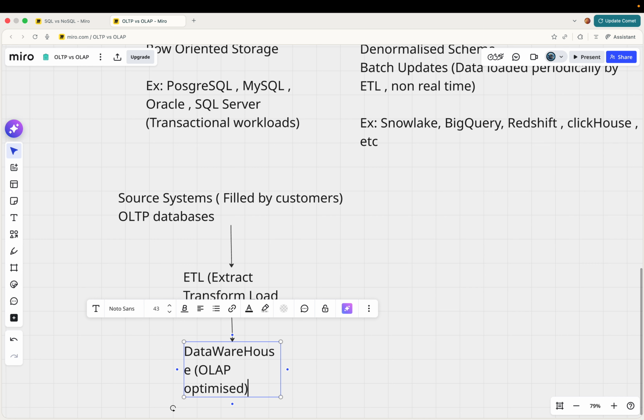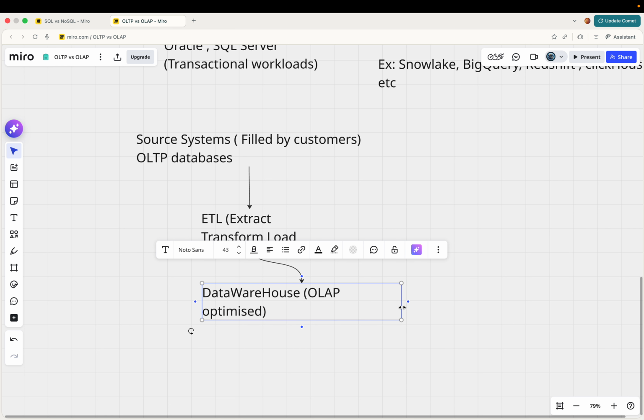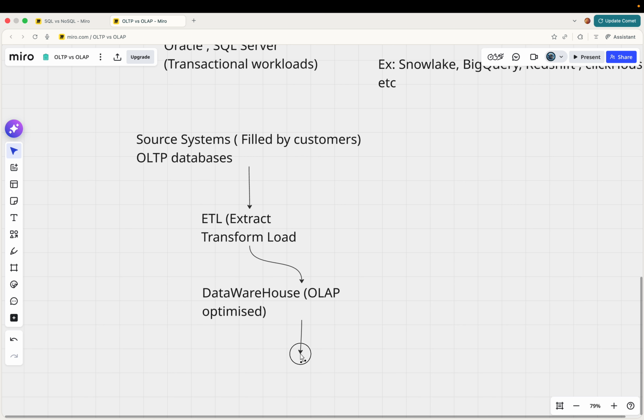See here, this data is not filled by users. After this, some analysis will happen on it. BI tools, business intelligence tools, will be used.